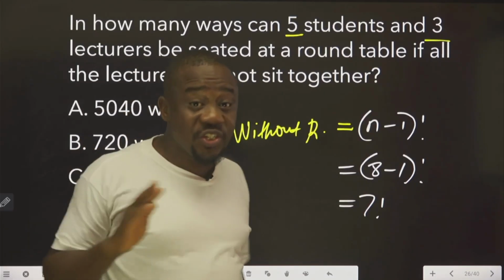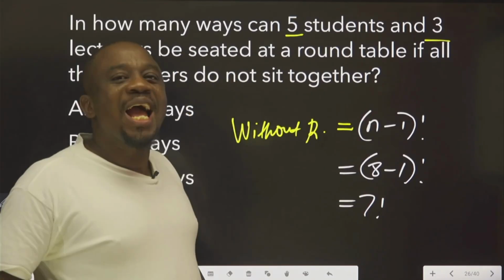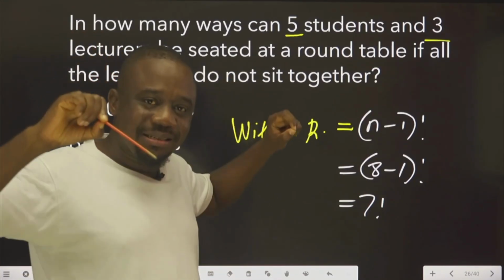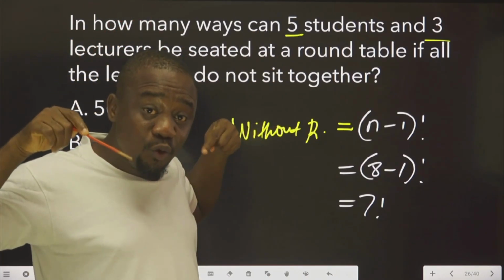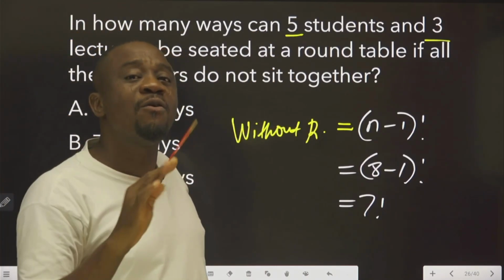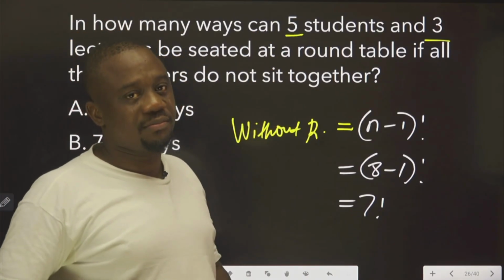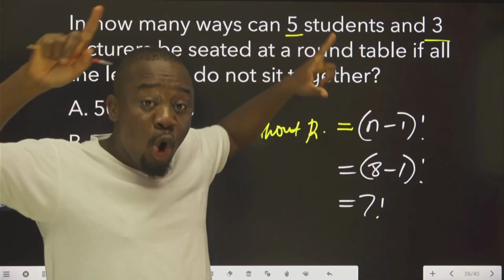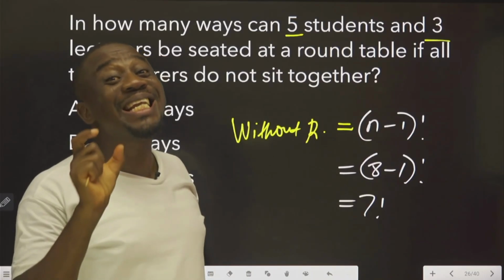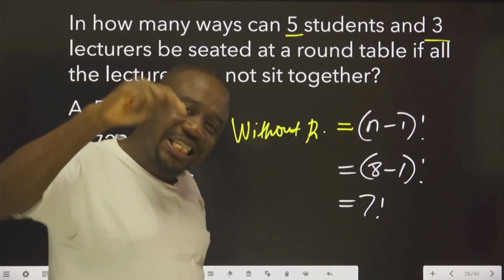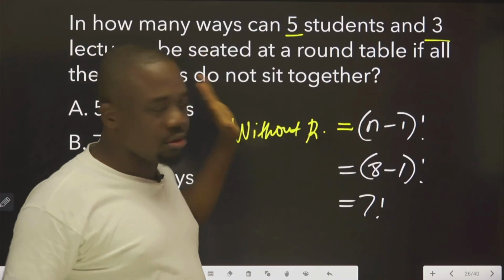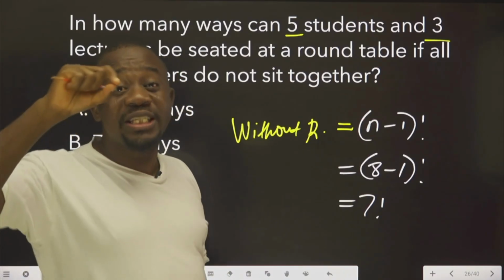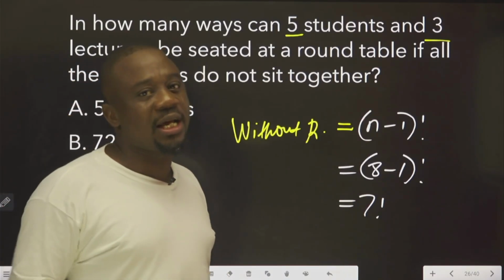That is no restriction. The next thing now, we are going to look at the case where there is a restriction for the lecturers. The question says lecturers should not sit together, but this time the lecturers must sit together.